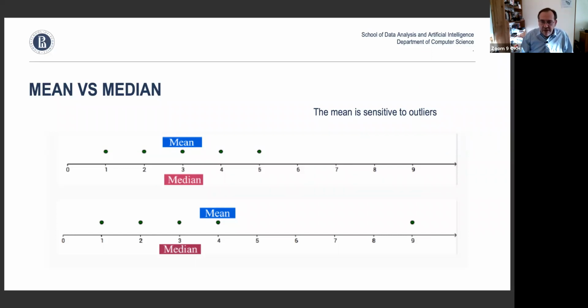At the same time, let's say our data set consists of the numbers 1, 2, 3, 4, and 9, right? Well, the mean now is going to be 4 if you add them up, but the median remains 3. And so that tells you that the mean is sensitive to outliers. So it's sensitive to the numbers that are far out.